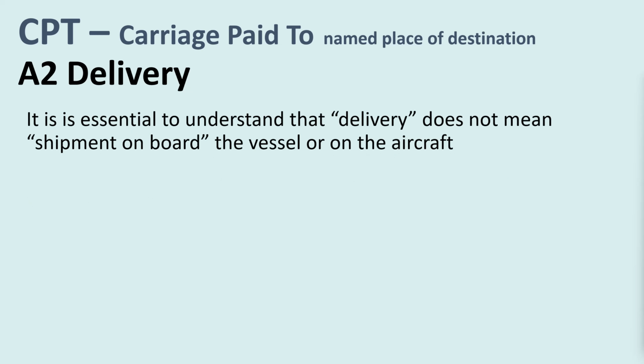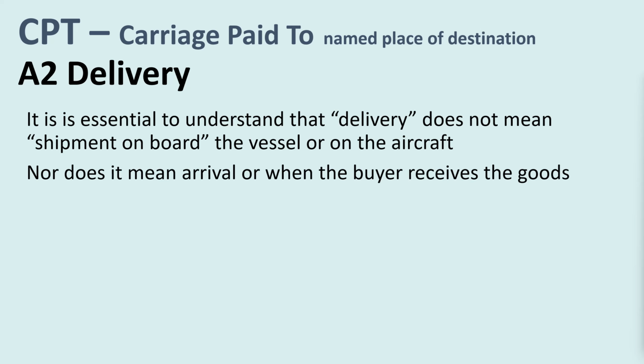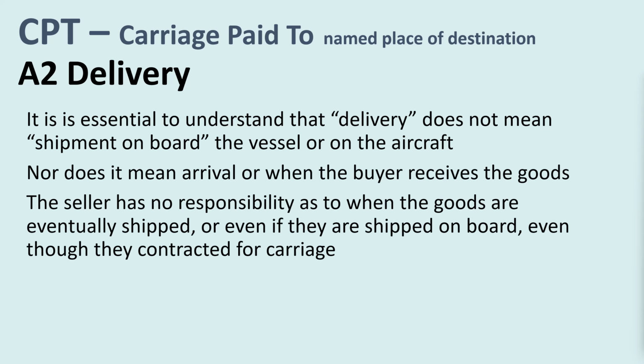It's essential to understand that delivery does not mean shipment on board the vessel or on the aircraft, nor does it mean arrival or when the buyer receives the goods. The seller has no responsibility as to when the goods are eventually shipped, or even if they are shipped on board, even though they contracted for their carriage.